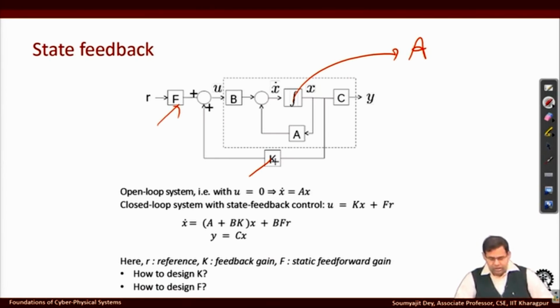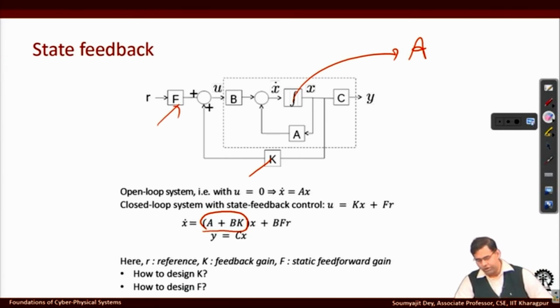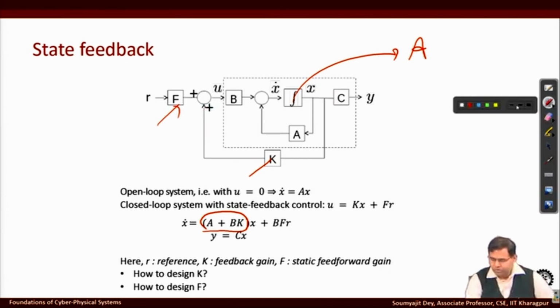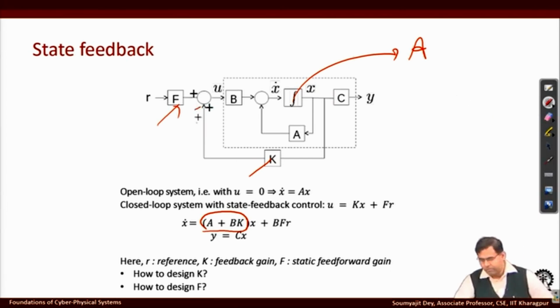Now let's say I have already designed k and f, then the resulting dynamics of the system, as you can see, would be given by this matrix, a plus bk, or depending on how you look at it, in most books what you will see is this is negative, and that's an a minus bk.